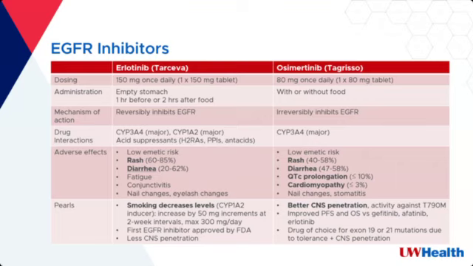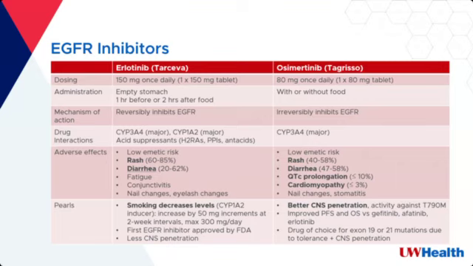It's dosed at 80 milligrams once daily. It does have CNS penetration and is approved for patients with CNS metastases. There is an off-label dose available of 160 milligrams once a day. Unfortunately, we do have a hard time getting insurance to pay for that, but know that that can be a potential option for your patients.